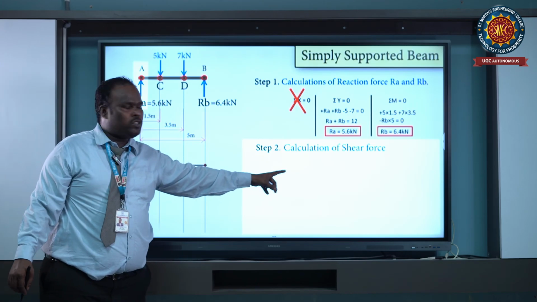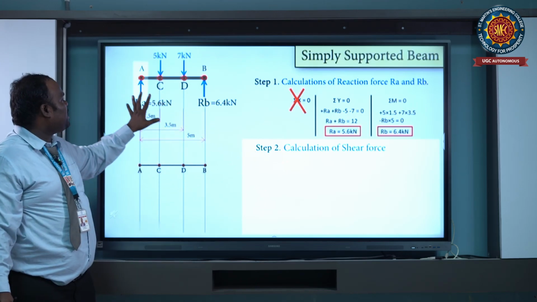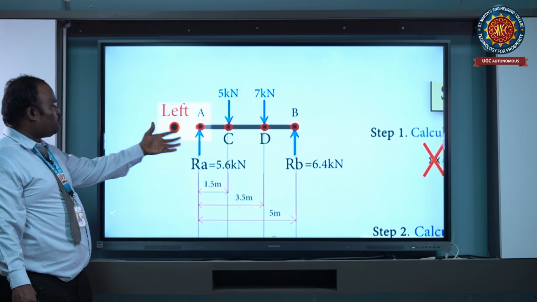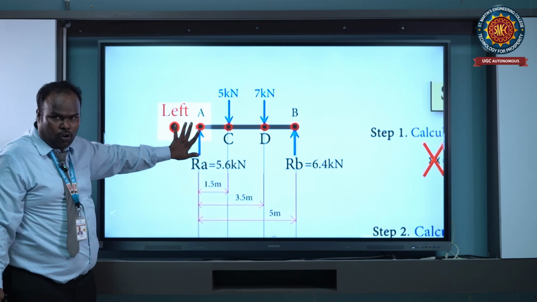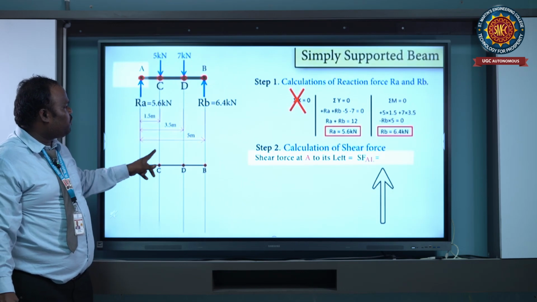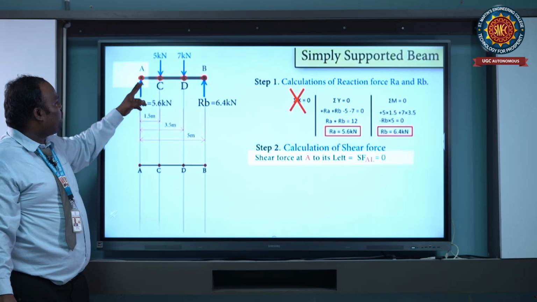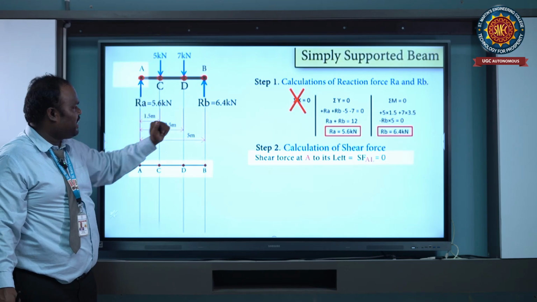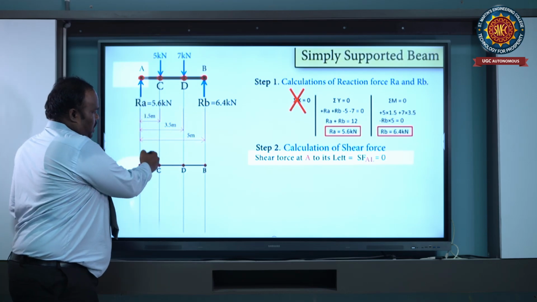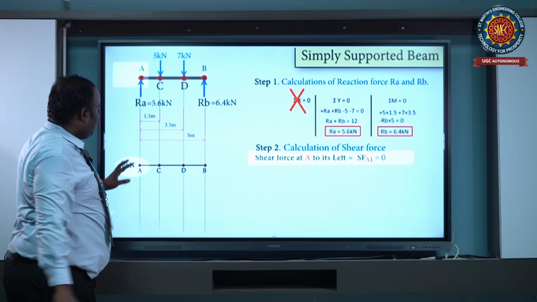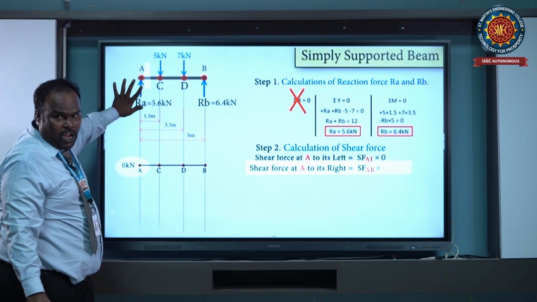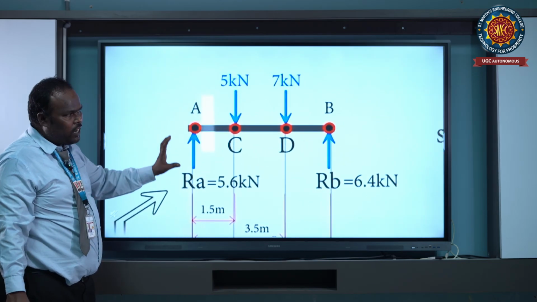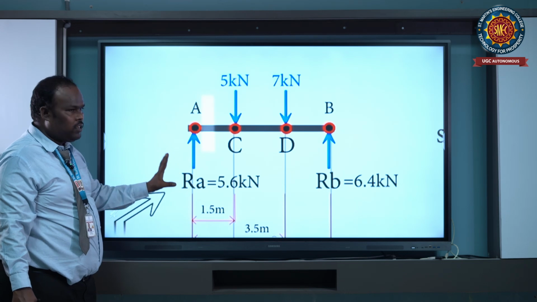Now, step 2 is calculation of shear force. Consider the shear force at A left: there is no beam, so it is 0. Next, the shear force at point A to its right. Here we have the support reaction RA upward, so the shear force at A equals RA.